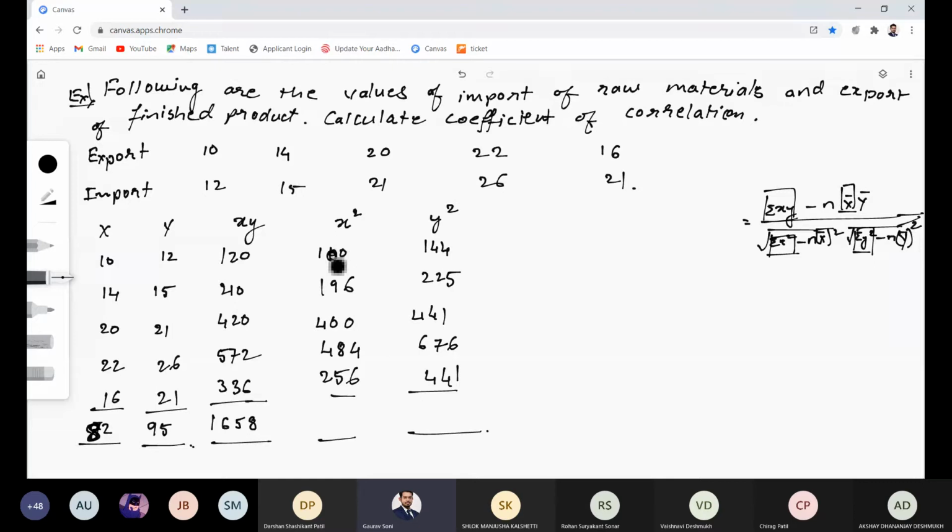So the summations are 1436, 1927 for y square.